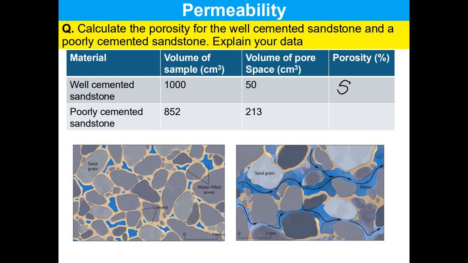And for the other one, you divide 213 divided by 852, and that would give you 25% of porosity, which makes sense because the cement closed the empty spaces here. But we have a little empty space, you have more empty space here. So well cemented has low porosity and poorly cemented has more porosity. And what makes the porosity decrease is the cement between the grains.